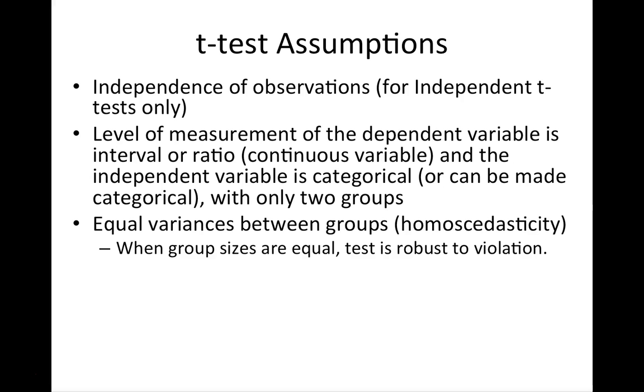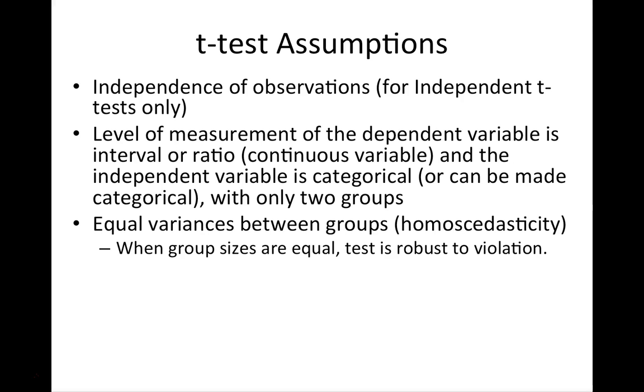We also want to try and make sure that we have equal variances between our groups, so that for men, for example, and for women, within the group of men, the variance in the dependent variable is roughly the same as the variance on that dependent variable within the group of women. This is called homoscedasticity. Say that 3 times fast.